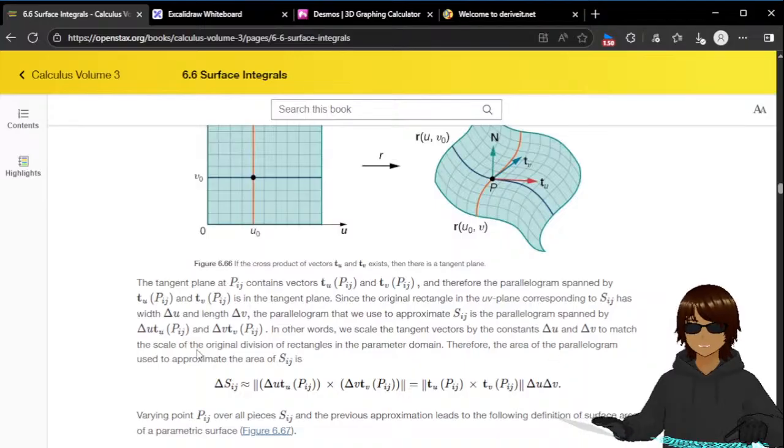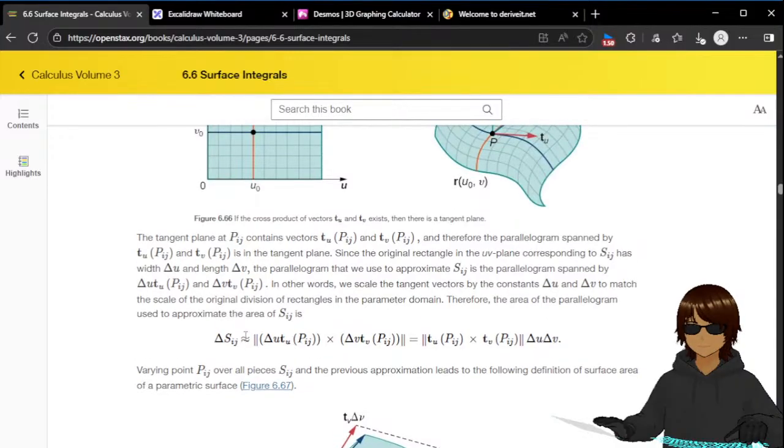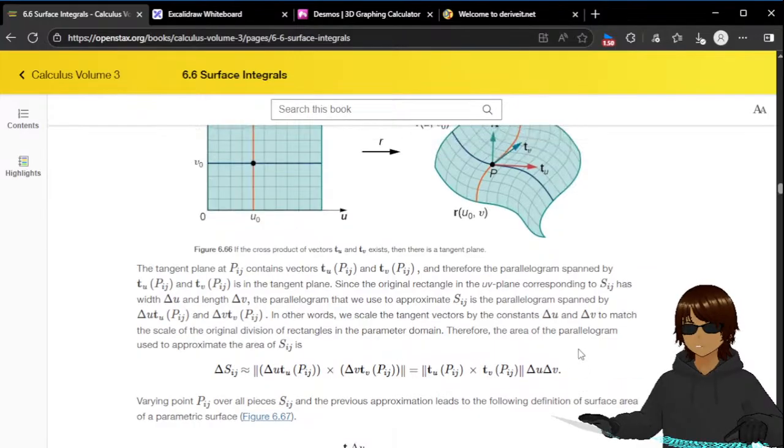Therefore, the area of the parallelogram used to approximate the area of Sij is this: delta U Tu times delta V Tv, cross product of these, and we take delta U and delta V out.